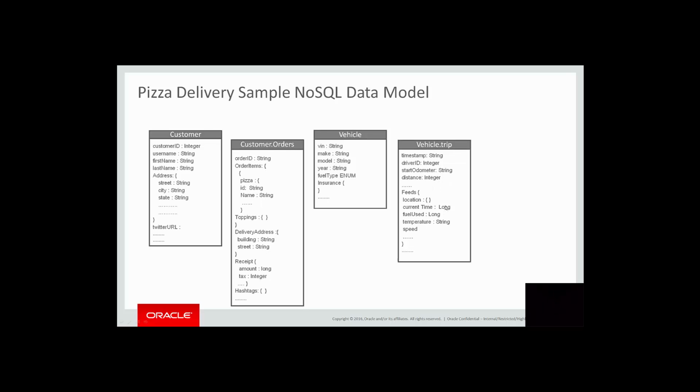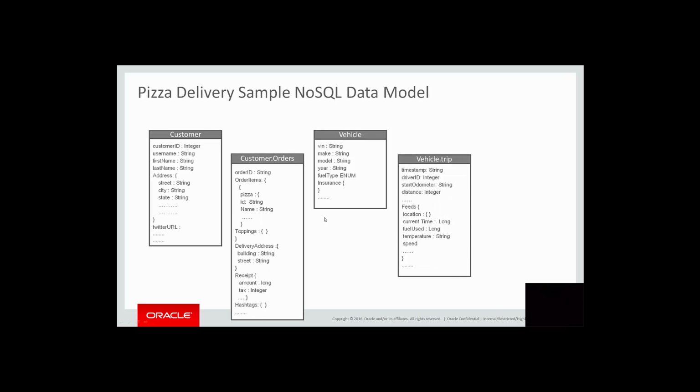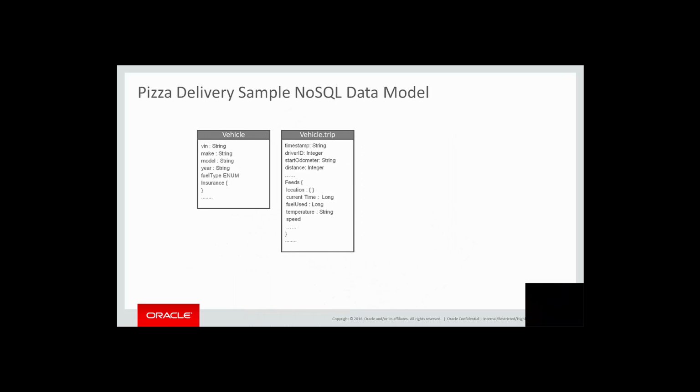As you can see, these will be the child tables of the parent table customer and the parent table vehicles. For demo purposes, we'll be using the vehicles table and the vehicles child table. Let me set up the demo next.